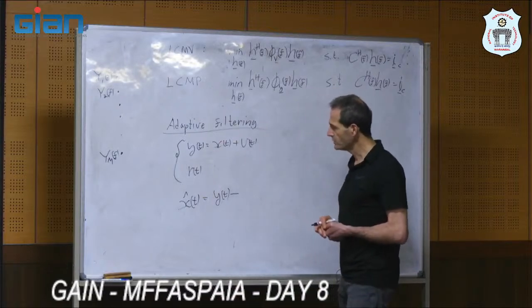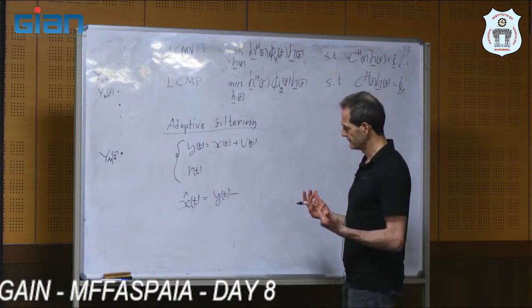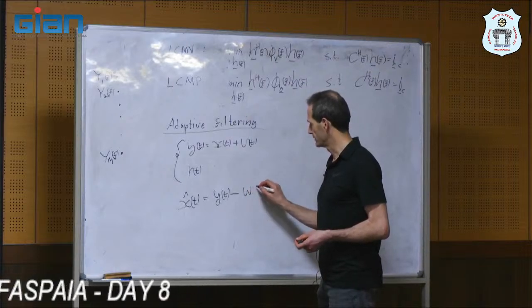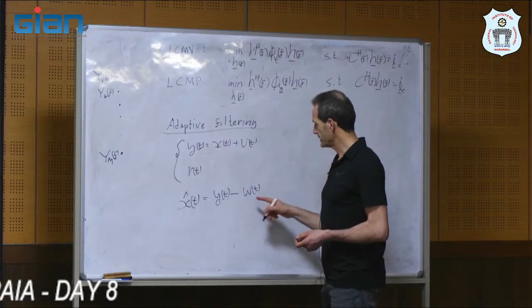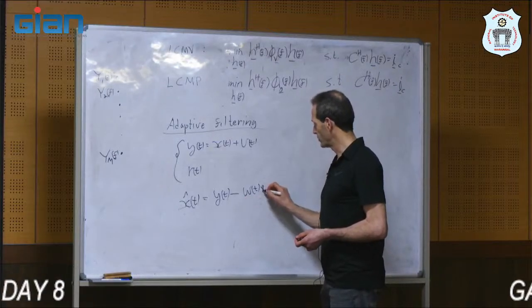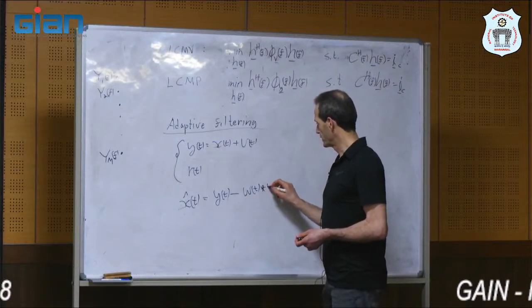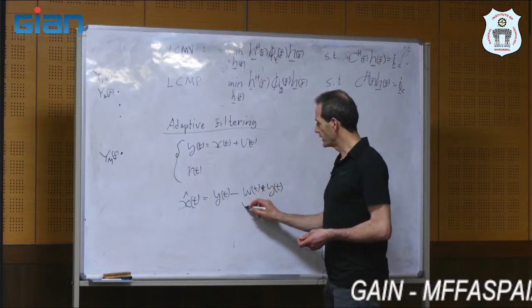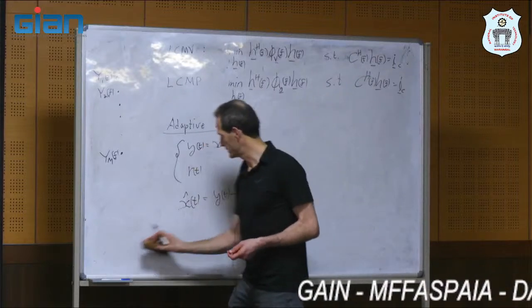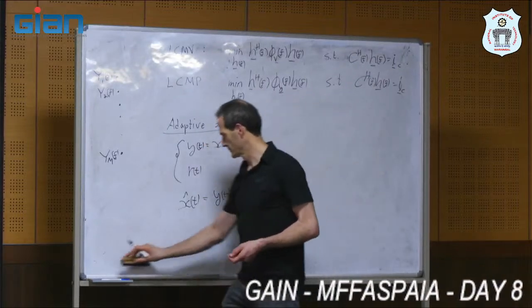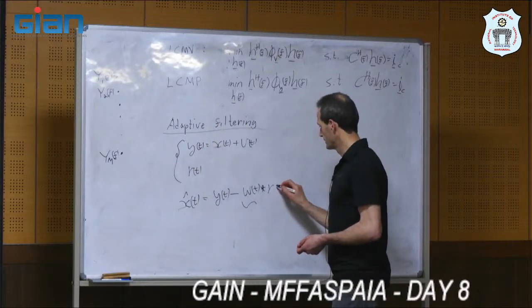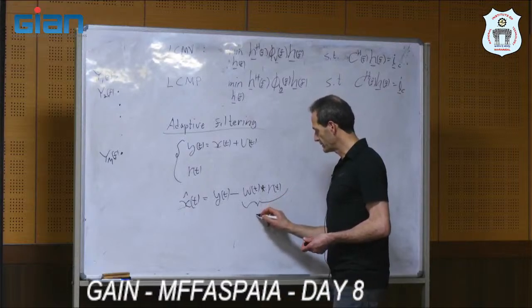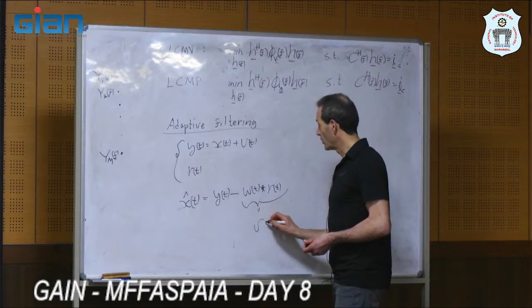But what we can do is to find a filter, let's call it w(t), such that w(t) convolved with r(t) will be an estimate of the noise.